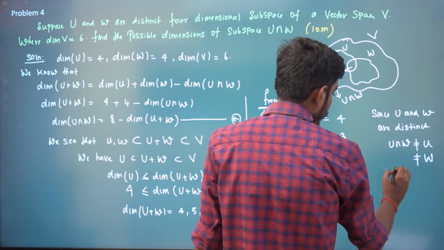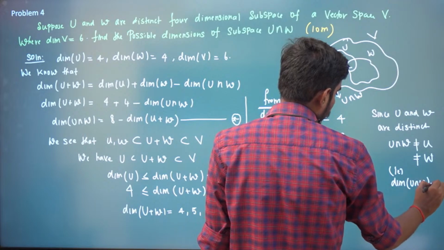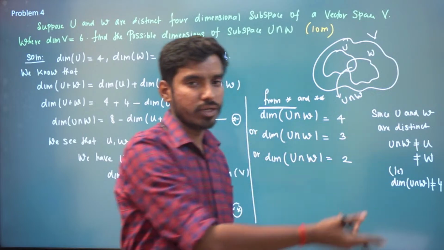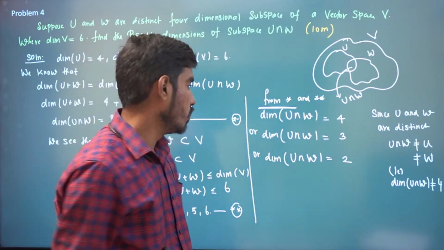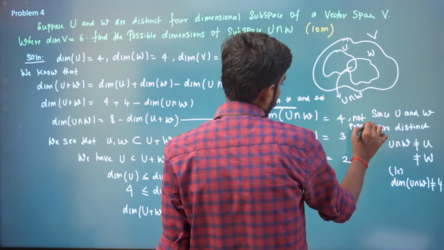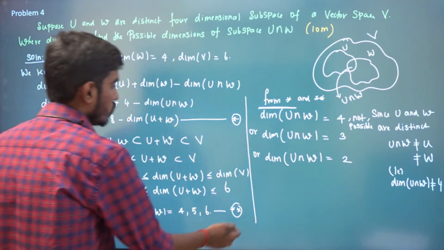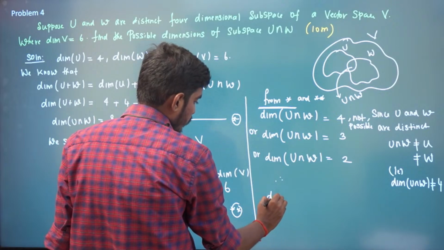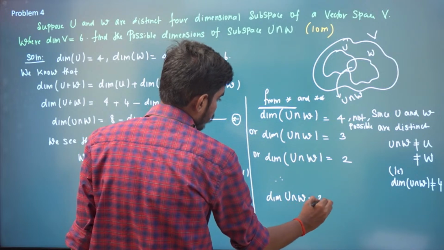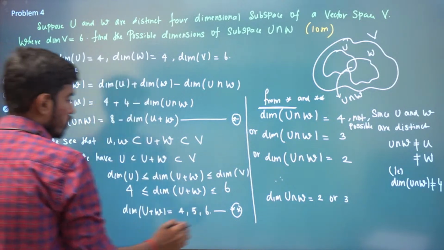That means the dimension of U intersection W cannot be equal to 4. It cannot be equal to the dimension of U, and also cannot be equal to the dimension of W. Both are 4 here. That means this is not possible. Therefore, the dimension of U intersection W is equal to 2 or is equal to 3. That is the conclusion.